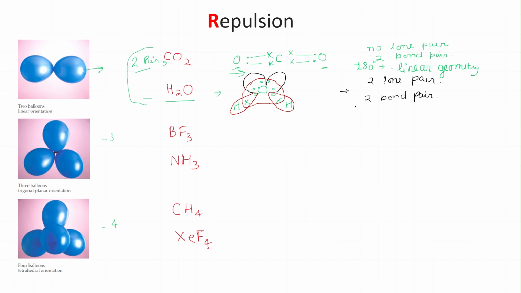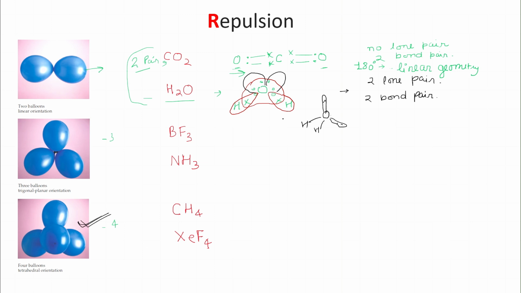So we don't have 2 pairs to arrange in a 360-degree space. We have 4 pairs and we need to arrange them in 360-degree space. So for 4 balloons, this tetrahedral shape will be used. So how do we do it? Oxygen, hydrogen, hydrogen, lone pair, and lone pair.